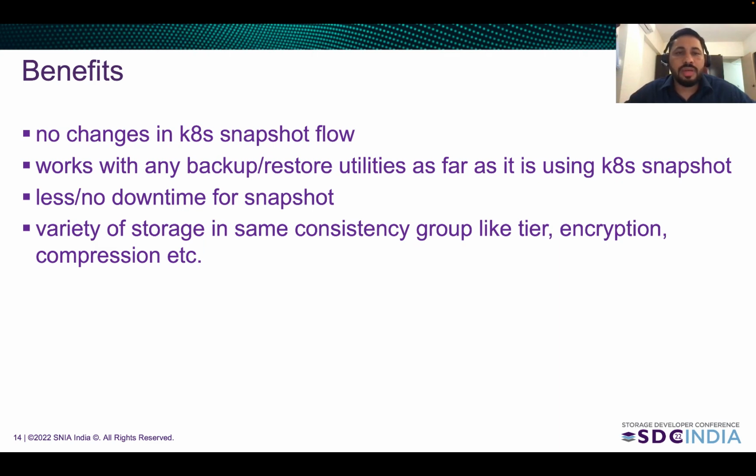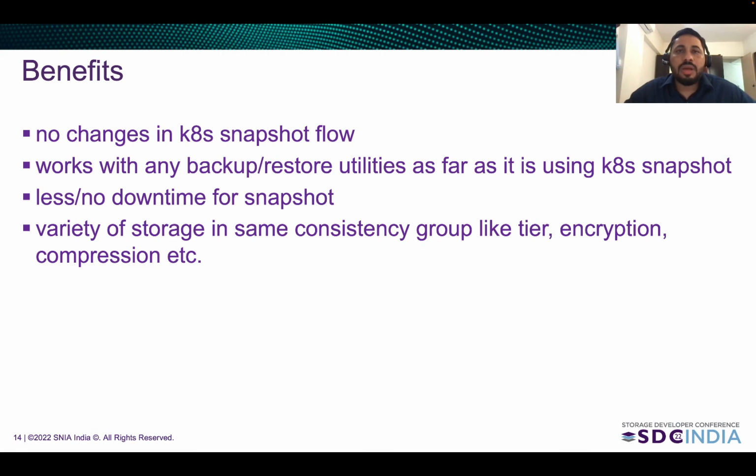So no change in the Kubernetes snapshot flow. Now it works with any backup and restore utilities, because since there is no change in the Kubernetes snapshot flow, the backup and restore utility uses the Kubernetes snapshot, and there is a snapshot of all the volumes belonging to that application at the same time.